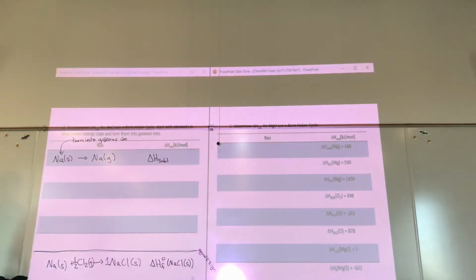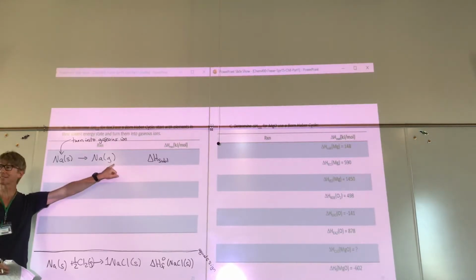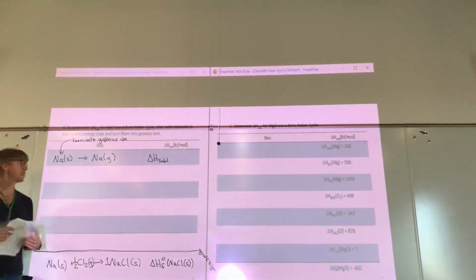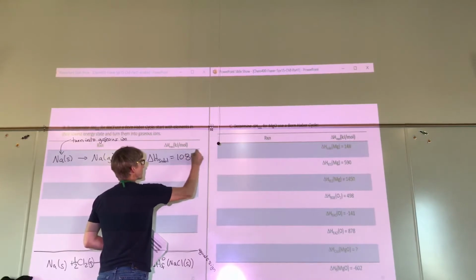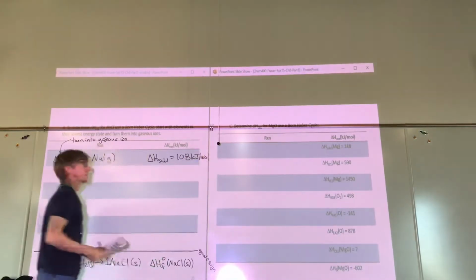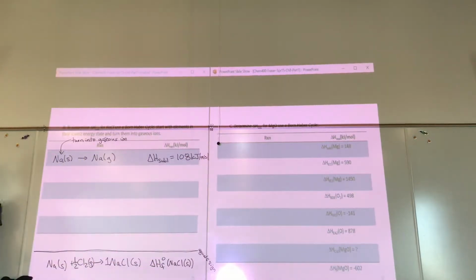Sublimation reactions, well, we've seen specifically the sublimation reaction for carbon dioxide. Carbon dioxide solid goes to carbon dioxide gas. And this is the same thing for sodium. In a problem like this, I would have to give you this number, and it is 108 kilojoules per mole.